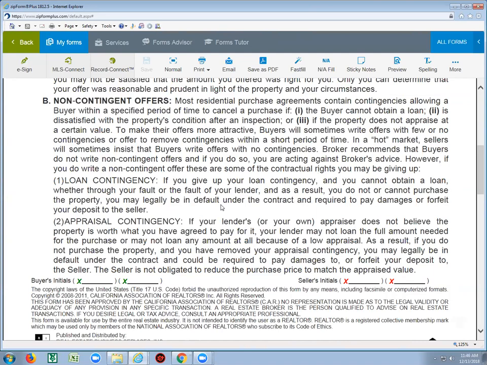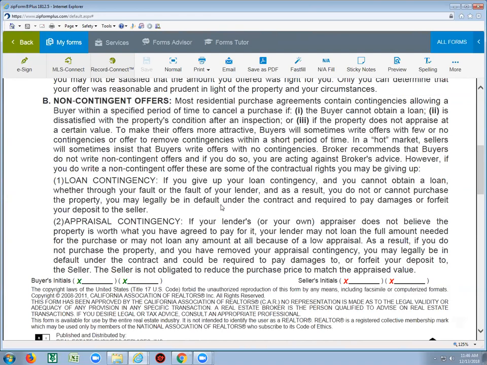Most residential purchase agreements contain contingencies that allow a buyer, within a specified period of time, to cancel the purchase. One, the buyer cannot obtain the loan. That's obvious, the loan is not easy to get at this moment.